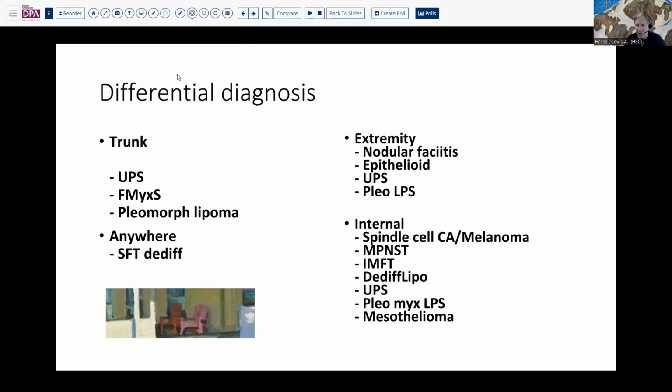Recognizing that as we think about differential diagnoses in these locations, the malignancy, the location, the degree of pleomorphism, internal, external, extremity, deep, superficial, et cetera, these lesions have somewhat different presentations and differential diagnosis depending on where you are.